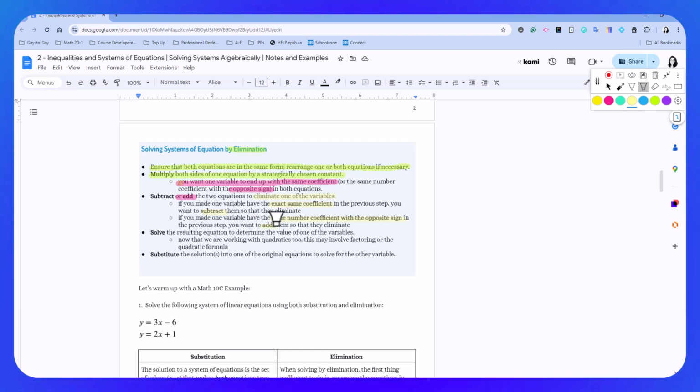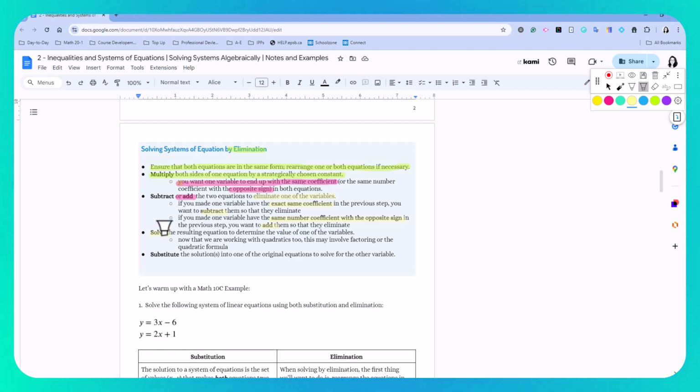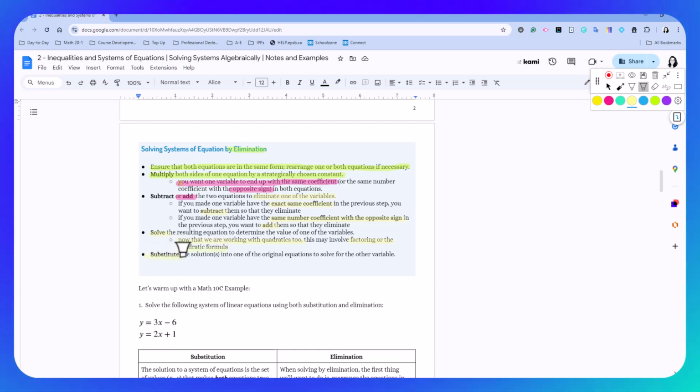When that happens, you're going to see that one of the variables gets eliminated. Then we can solve the resulting equation to determine the one variable. Sometimes this is quadratics, so it may involve factoring or the quadratic formula. Then we're going to substitute it just like we did in substitution for the last step to find the other variable.